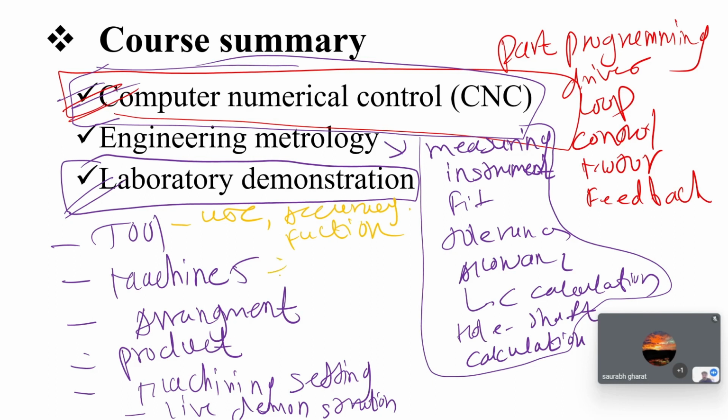So for the machine, in principle: how to use it, precautions, how to operate it, and arrangements. Arrangement means arrangement in machines, how the machine is arranged, and what settings you should keep for the desired machining operation.